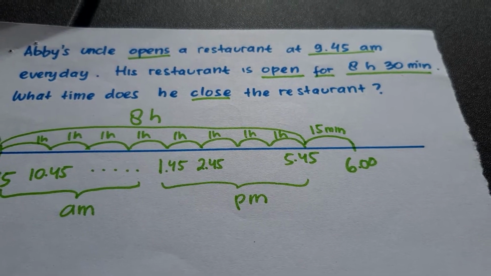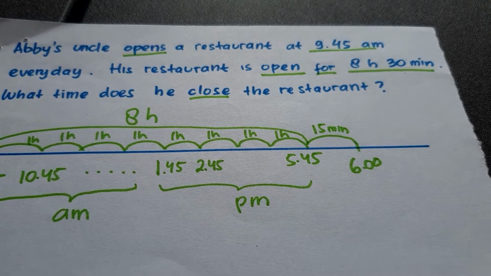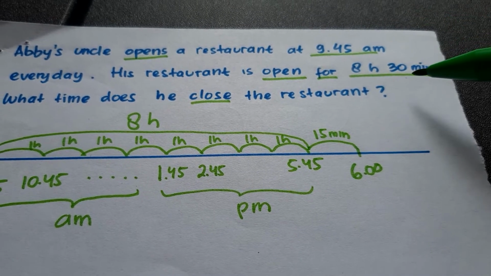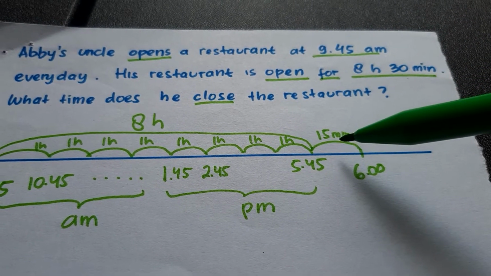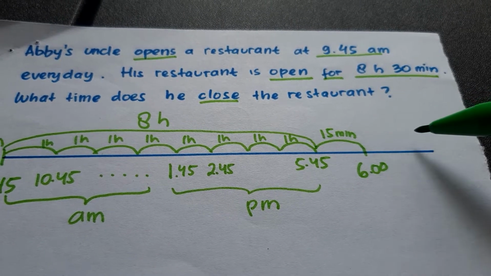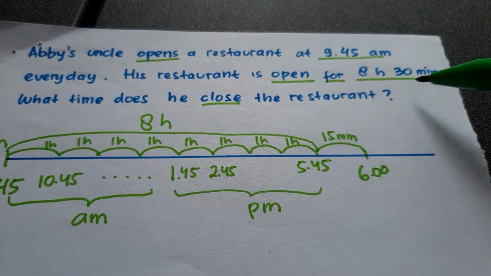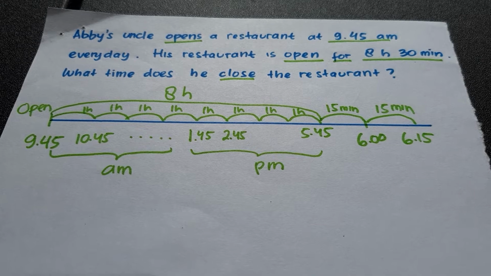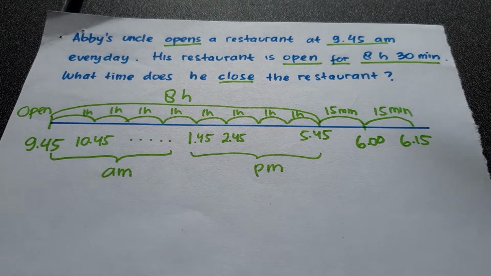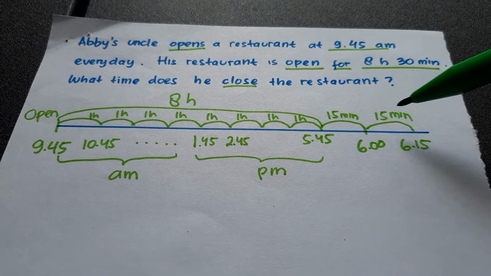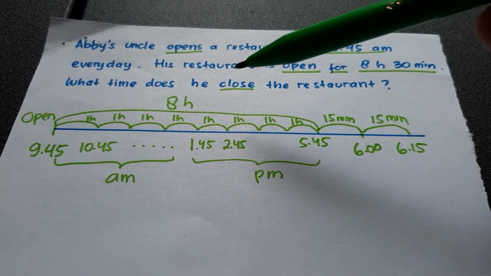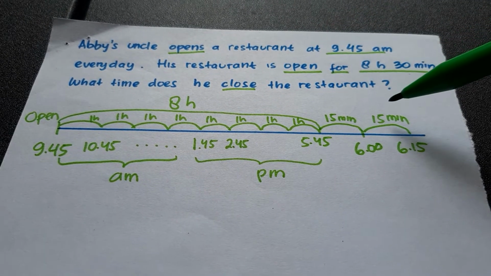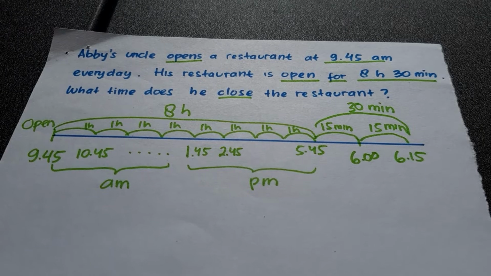Is it already the end? No, because we have 30 minutes over here. We only have 15 minutes, so we have to add another 15 minutes to make 30 minutes. So we have 15 minutes and 15 minutes is 30 minutes. So 8 hours and 30 minutes like this.